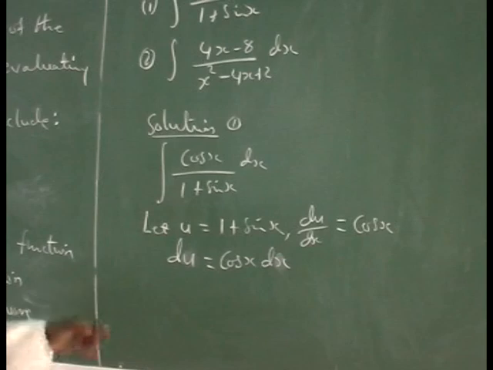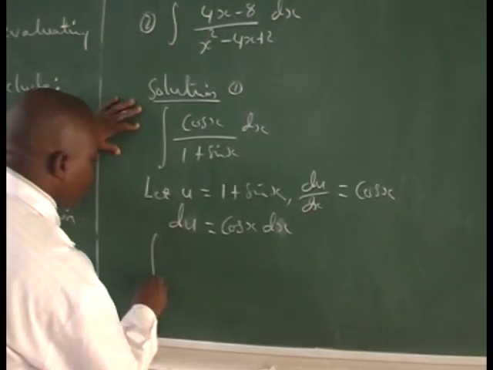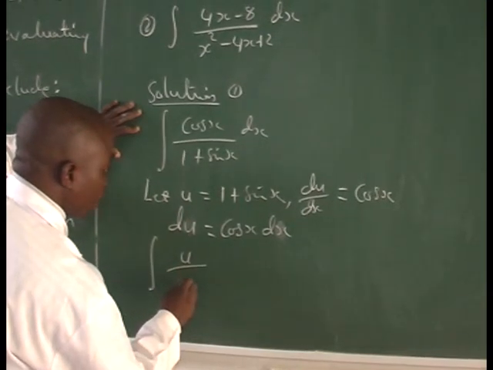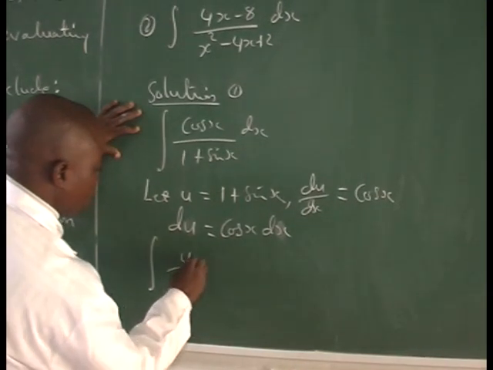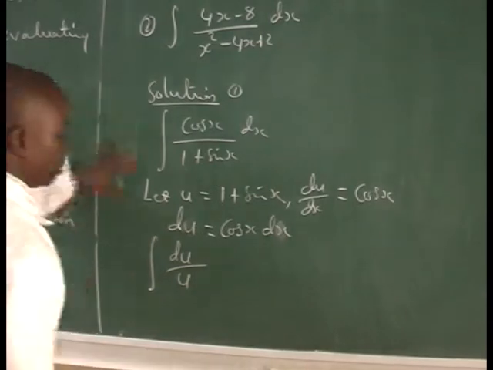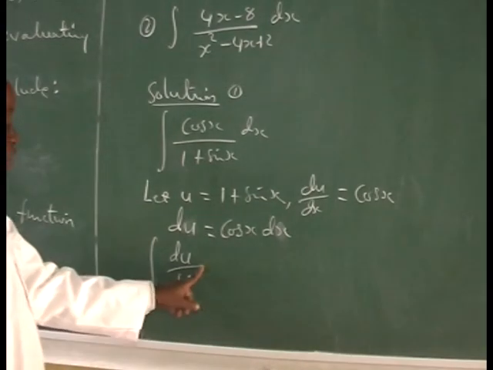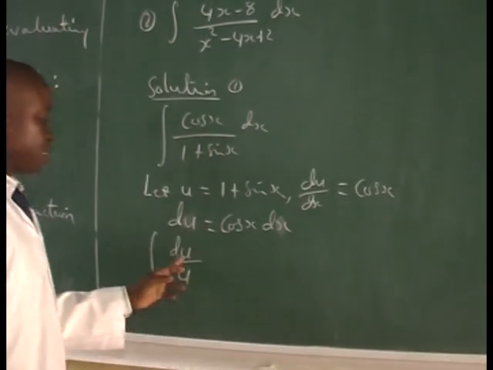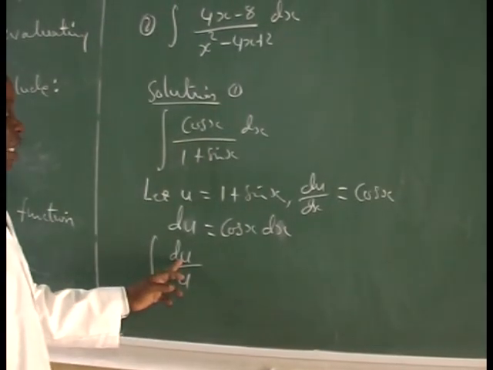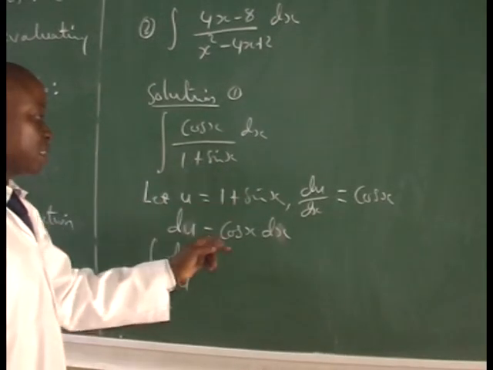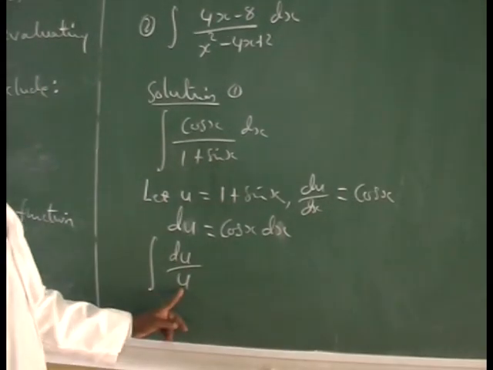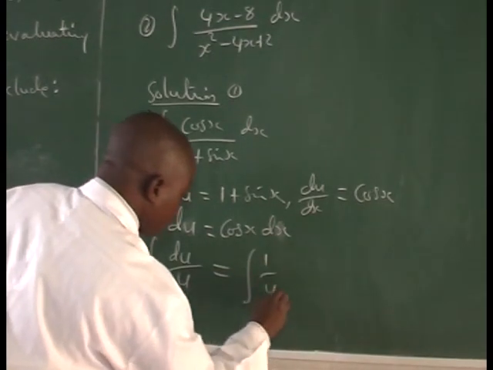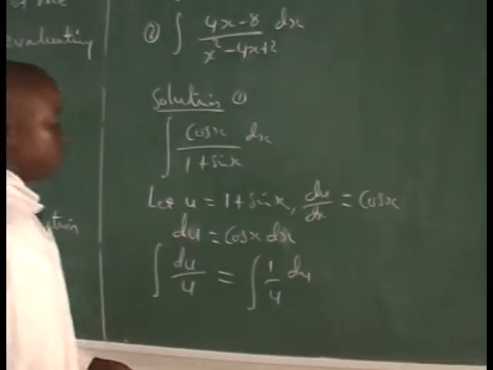So what I have here now becomes integral du all over u. Look at that, because the whole of cos x dx is represented by du, and 1 plus sin x is becoming u. So this becomes integral 1 all over u du.